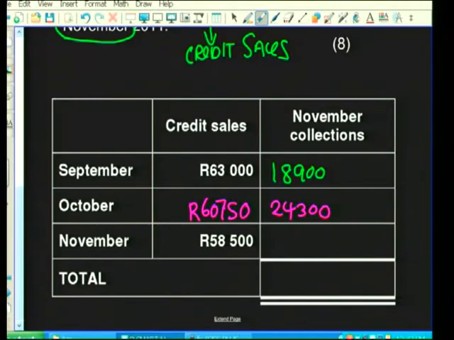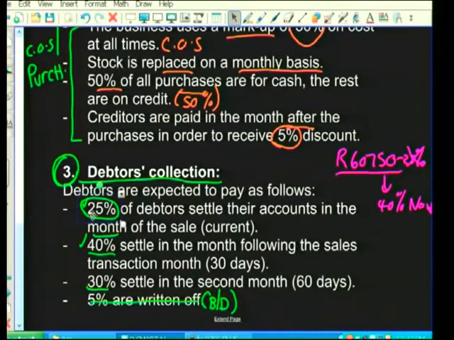We've been through it. 25%. Good. Let's just double check that. Yeah, it's 25% of debtors settle their accounts in the month of sale. So if we sold in November, 25% will pay in November, or 25% of that debt will be collected in November.